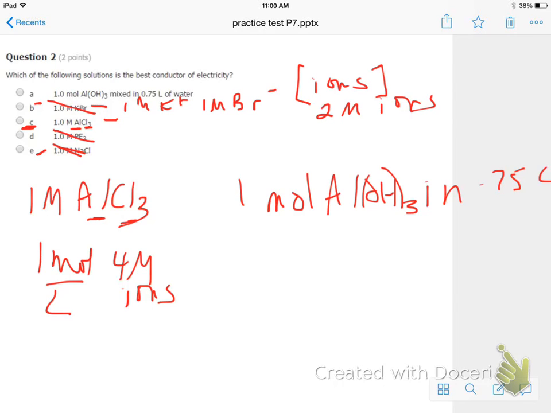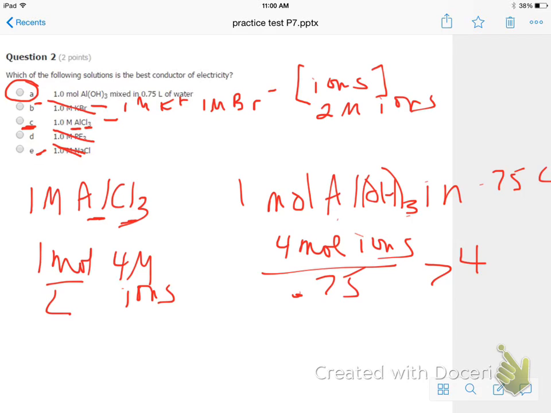If I look at aluminum hydroxide, I have 3 plus 1 is 4 moles of ions, but it's in 0.75 liters, and because I'm dividing by a number less than 1, this is going to give me an answer greater than 4. So I'm going to have A as my answer.